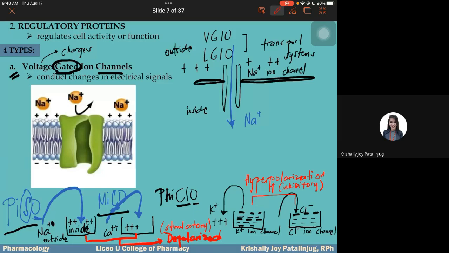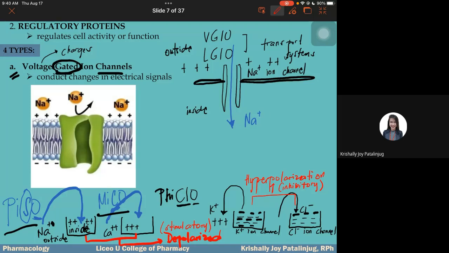Okay? So it matters what effect the ion channel produces once it opens, depending on what ion gets in or what ion gets out or exits the cell. If the inside of the cell is too negative, hyperpolarization. If the inside of the cell becomes positively charged, depolarization, stimulatory effect.